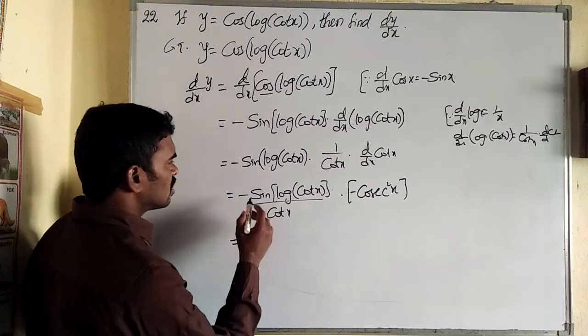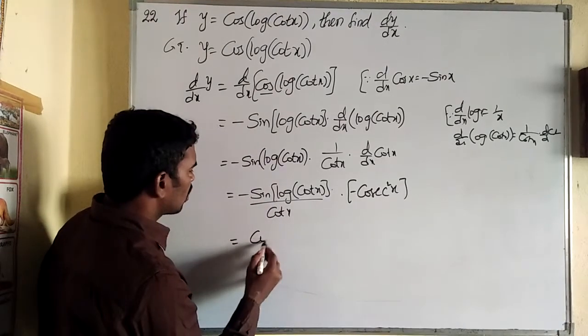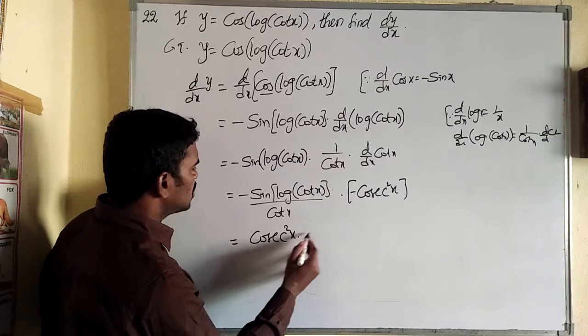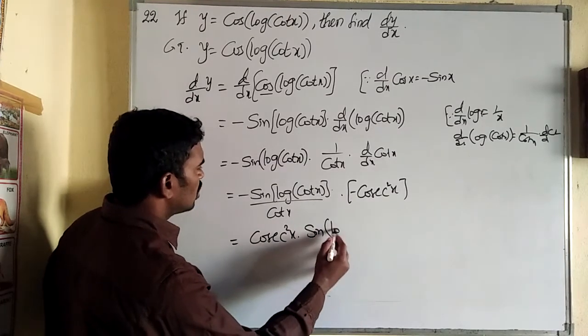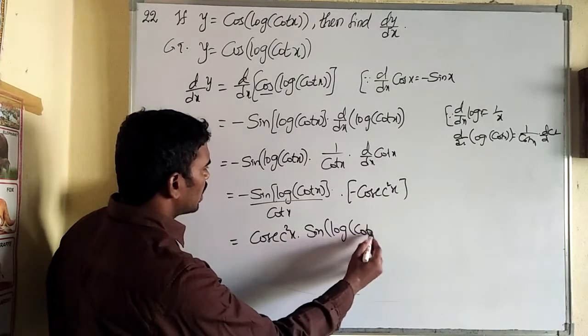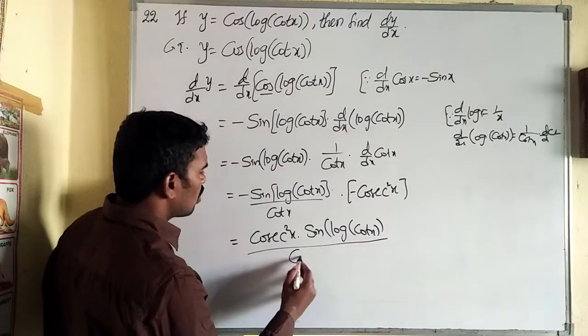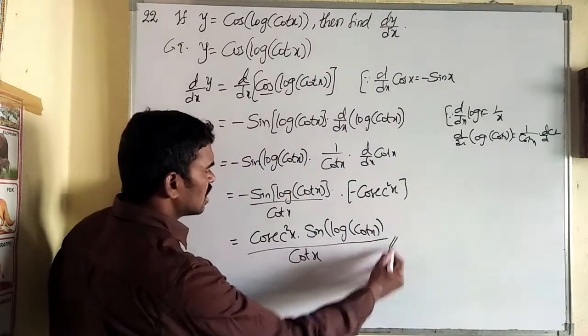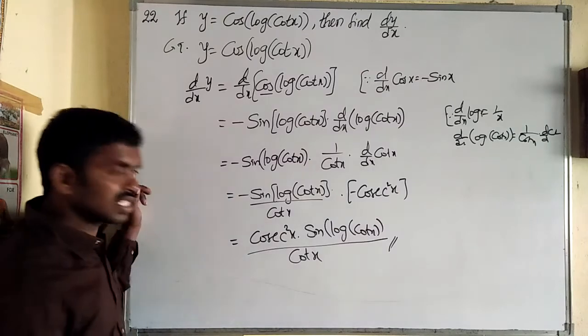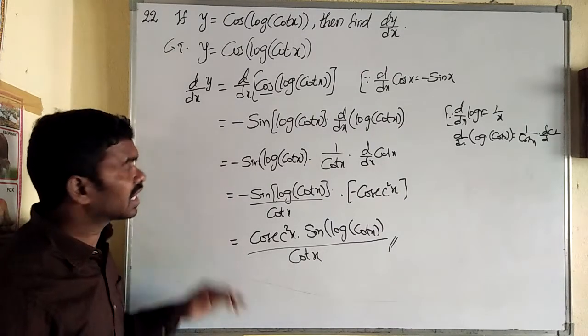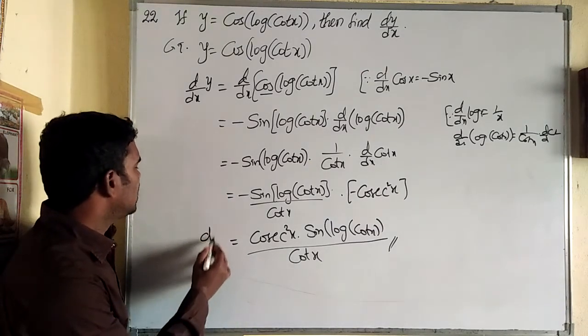Nothing cancels. So what we get? Cosecant square x into sin of log of cot x by cot x is the answer. Cos by sin, 1 by sin square. Nothing cancels. So this is dy by dx.